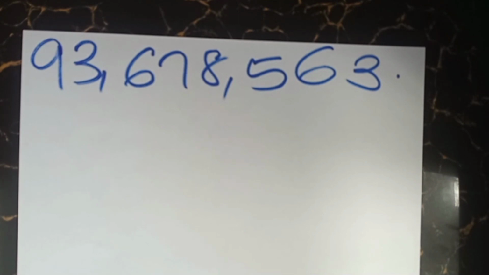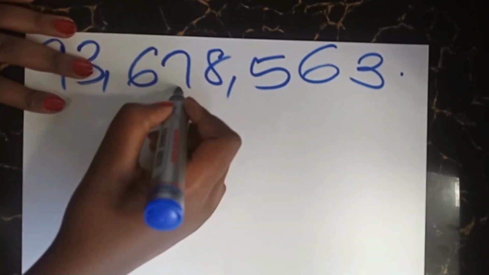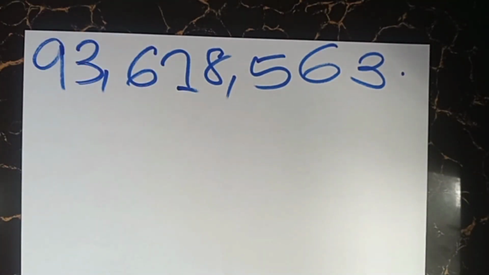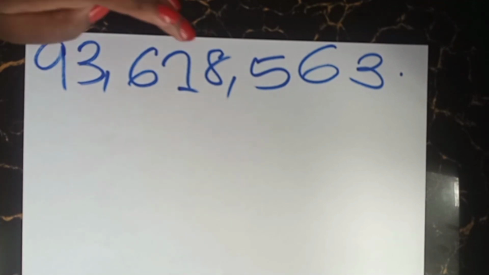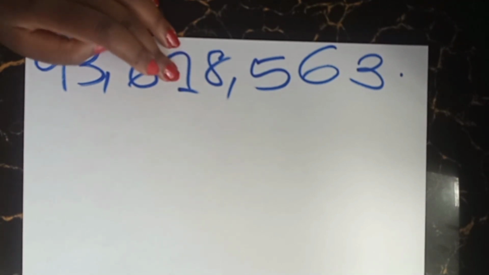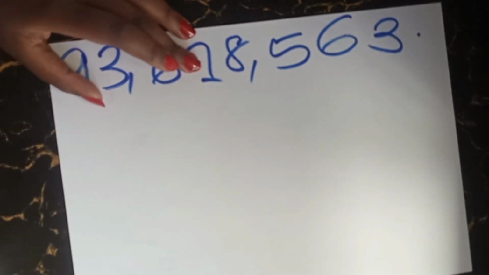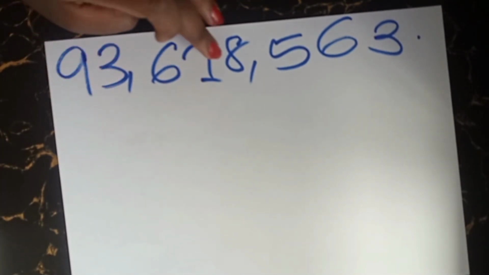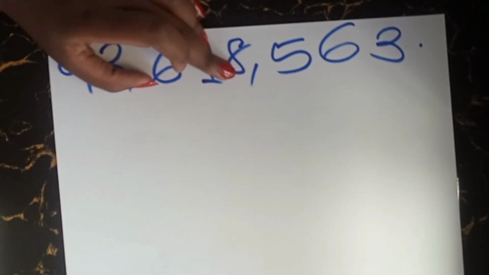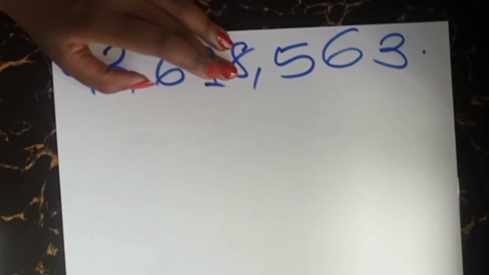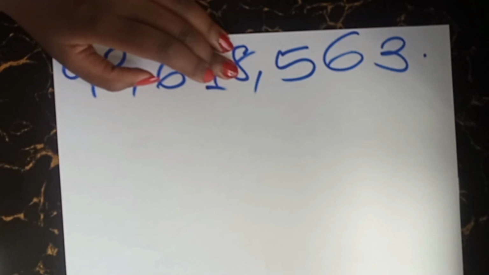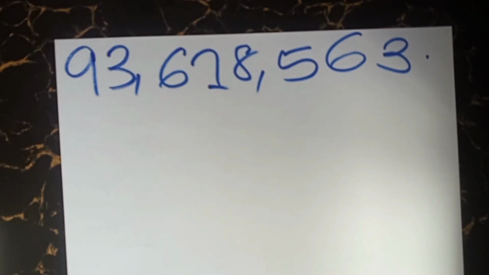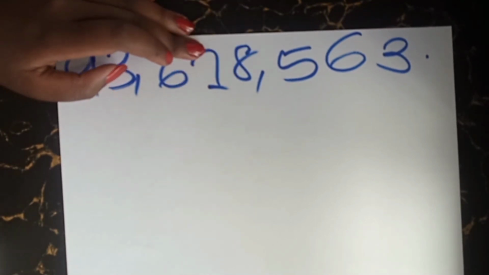So 7 is in the 10,000s place. Are we together? And this is the most important digit. The digit after 7 is 8. 8 is definitely more than 5, so that means we'll add a 1 to the 7.